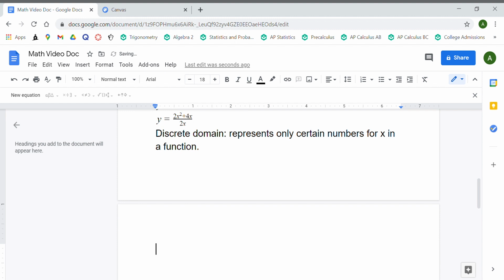Now, think about where we would have certain values of x in a function. I'll tell you mine. Imagine I'm trying to collect money, and y equals the profit made.